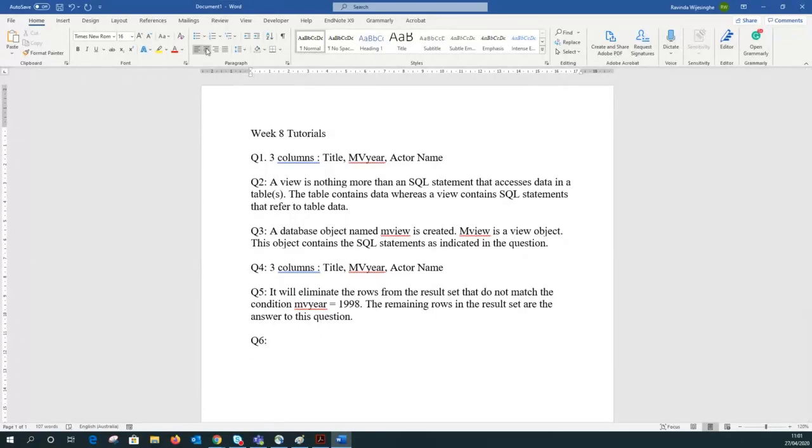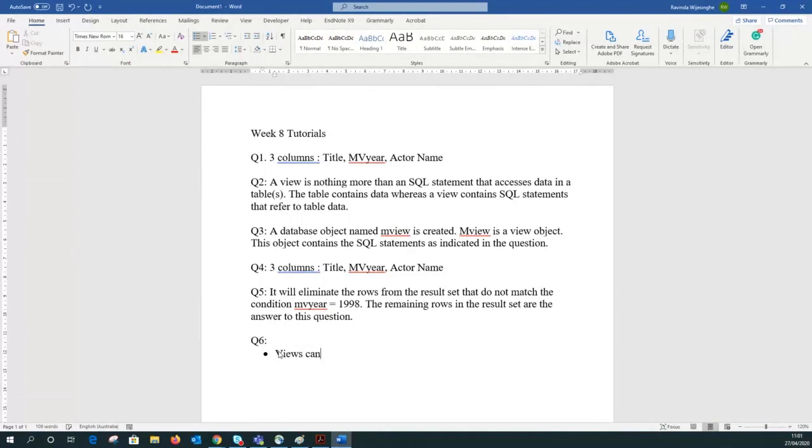So one of the main reasons why we need a view is that a view can be used as a security mechanism, isn't it?